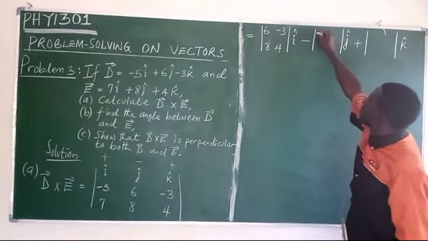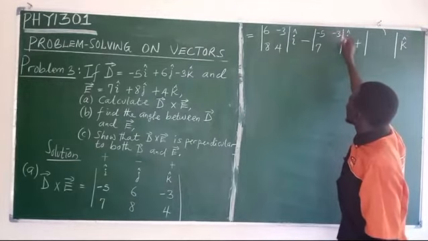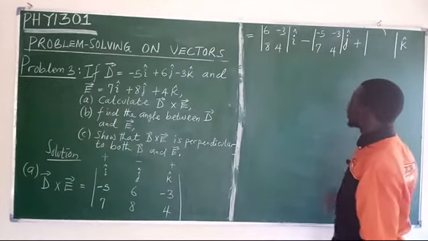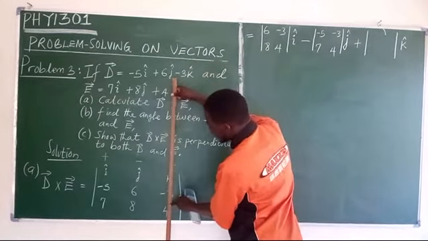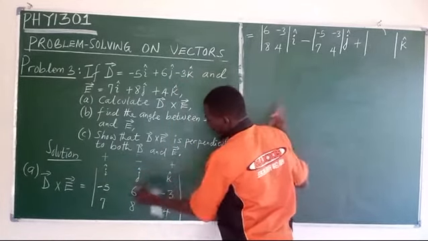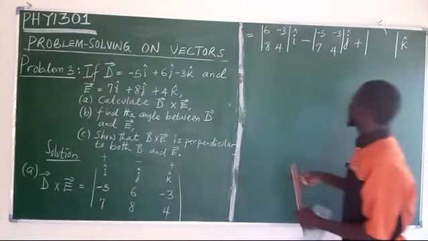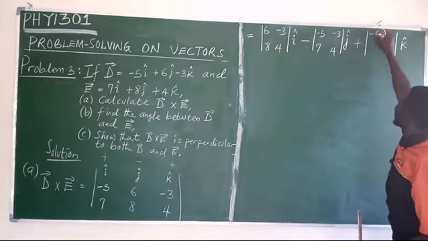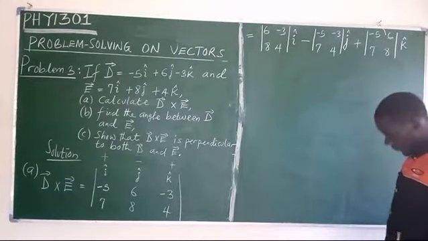So I will write them here, negative 5, 7, negative 3, and 4. Finally, for J, if I ignore this one and I ignore this one, I will have negative 5, 6, 7, 8.